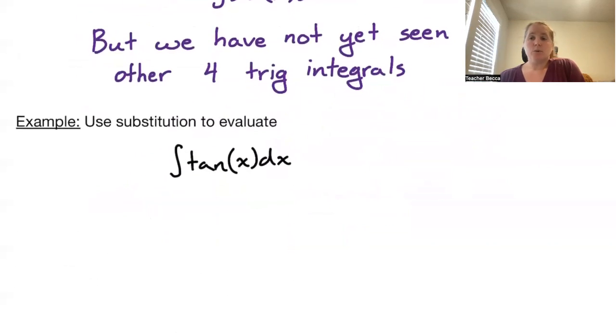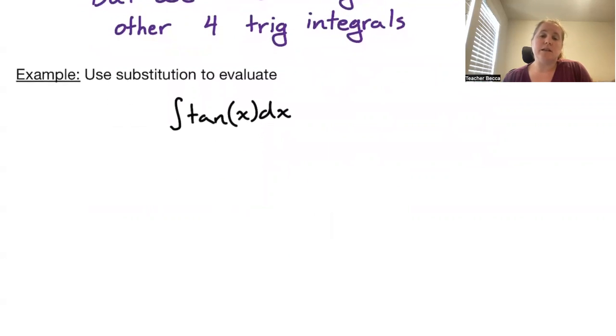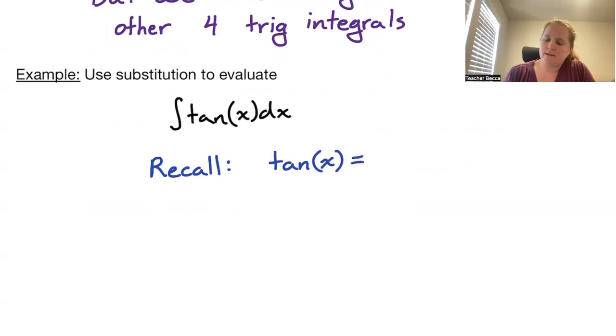So for our first example, let's go ahead and use substitution to evaluate the integral of tangent of x dx. So just a quick reminder here, recall that tangent of x is the same thing as sine of x divided by cosine of x.